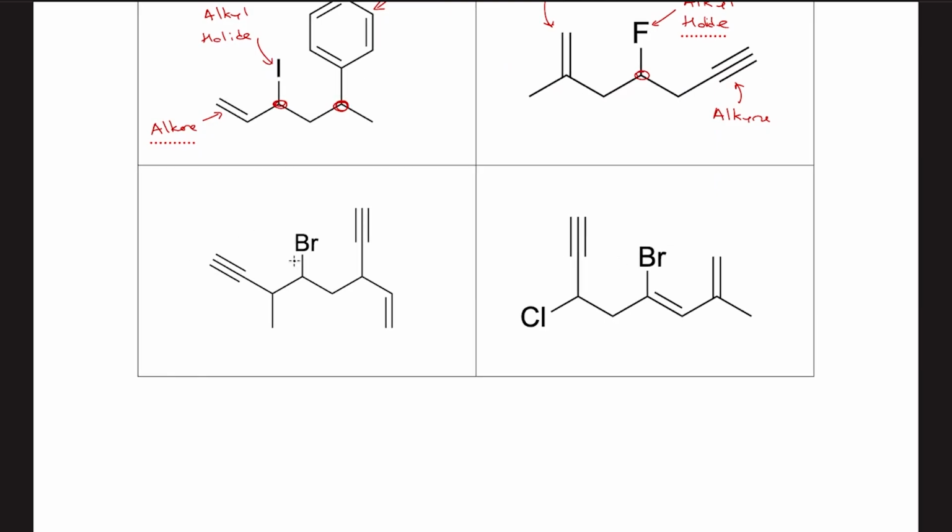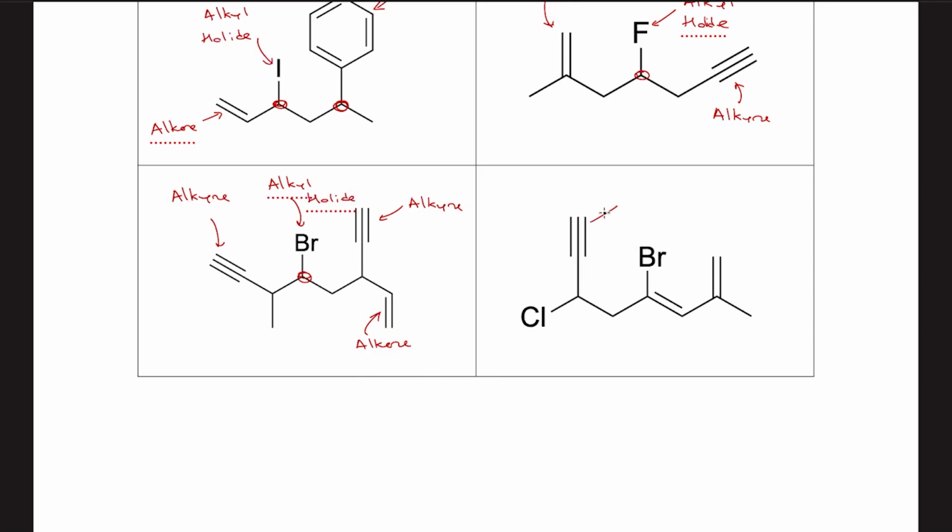The last two problems on this page, I see another alkyne, and an alkene. And this bromine is connected to this sp3 hybridized carbon, meaning that we do have an alkyl halide.